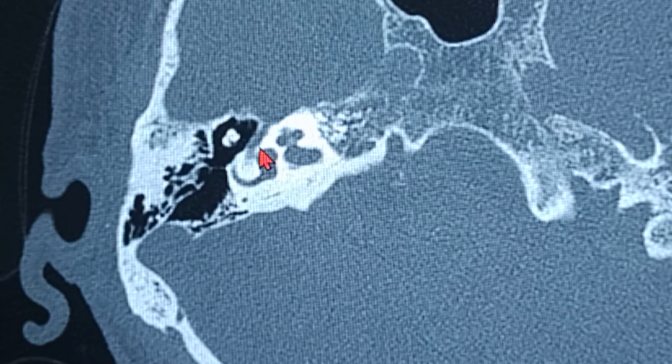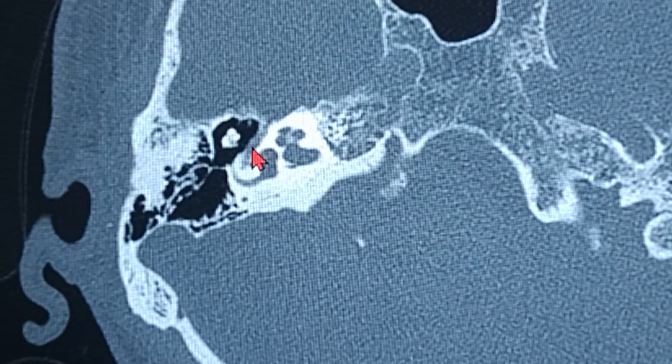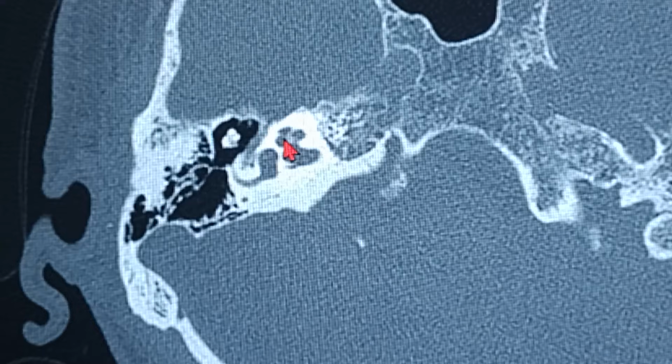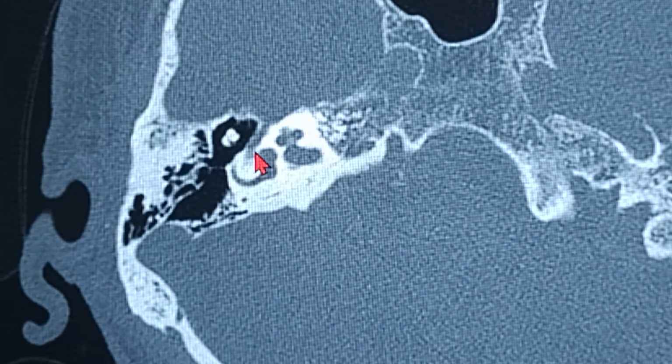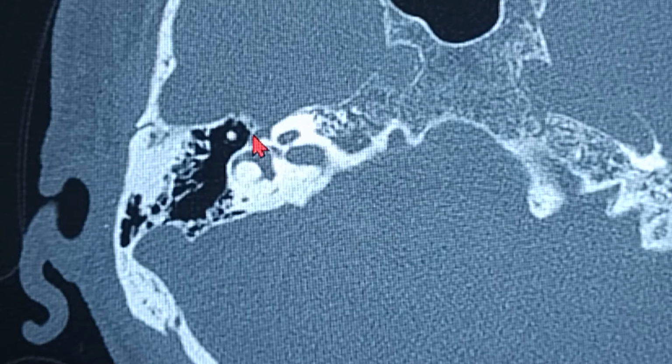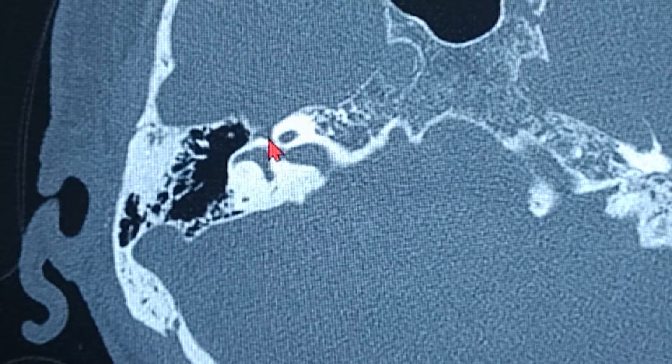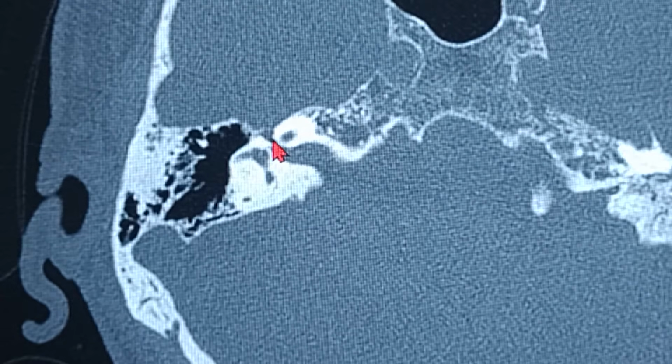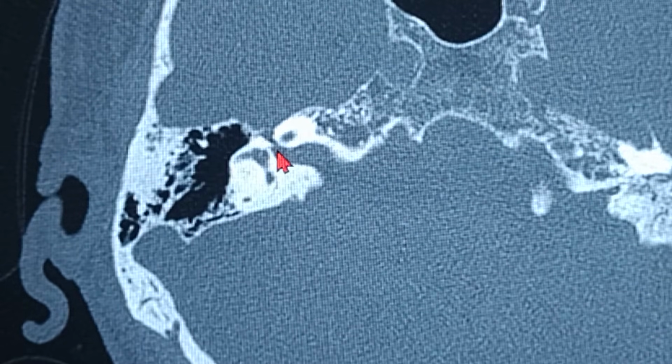If we go above, that's the tympanic segment of the facial nerve. That's the modiolus right there. As we're going above, you can see a small turn over here. That's the genu of the facial nerve, the first genu. We're still going above. You can see a segment over here in the internal acoustic canal.